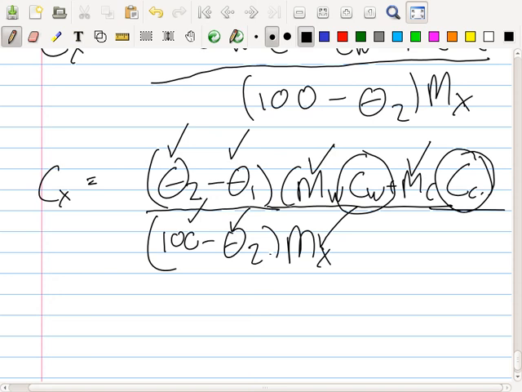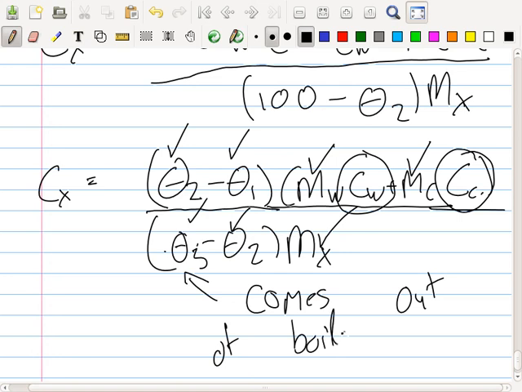But maybe it doesn't become 100. Maybe it's nearly 100, or maybe it's more than 100. So if you want, you should take the temperature when you take it out very quickly. So rather than saying 100 here, we can make another theta called theta 3, the temperature when it comes out of the boiling water.